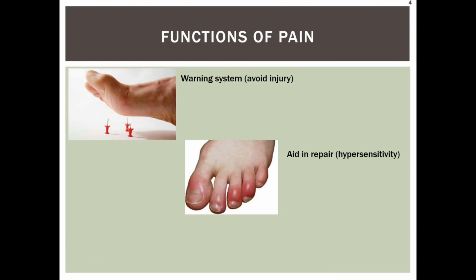So what are really the functions of pain? The functions of pain really are twofold. One, it's really a warning system to allow you to avoid injury. It's telling you that this is a potential damaging situation and you want to avoid it. Pain also serves as an aid in repair.